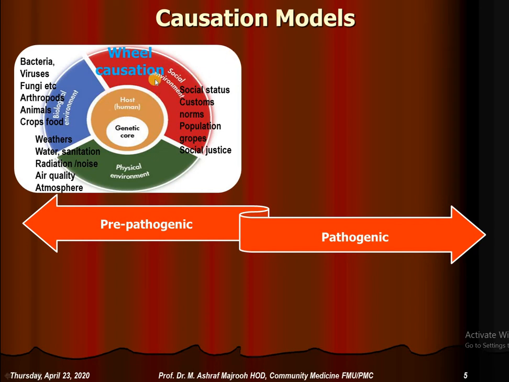It shows the wheel; the hub of the wheel shows the genetic core of the human, and this is the genetic potential for health and disease. Then this genetic potential is exposed to the social, biological, and physical environment, and the disease will be determined through the mutual interaction of the genetic potential and the social, biological, and environmental factors.